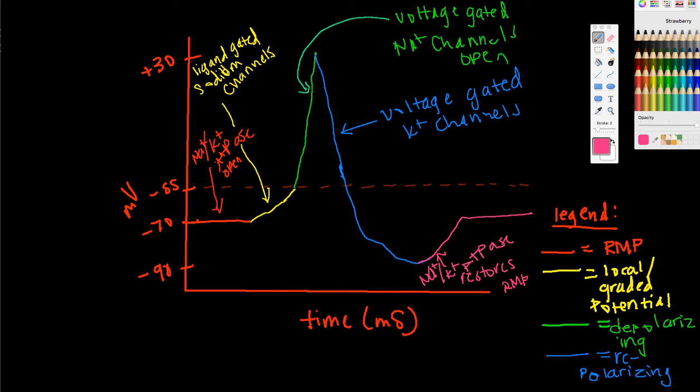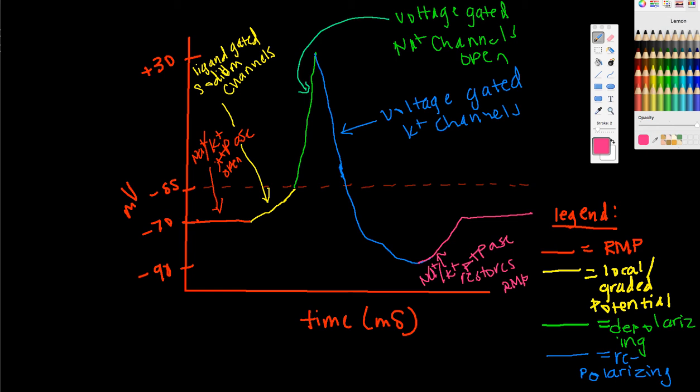So this diagram is showing you changes in membrane potential over time. So remember, membrane potential means difference in charge and ions across a membrane. It's showing you which types of channels are open or closed at which times as well.